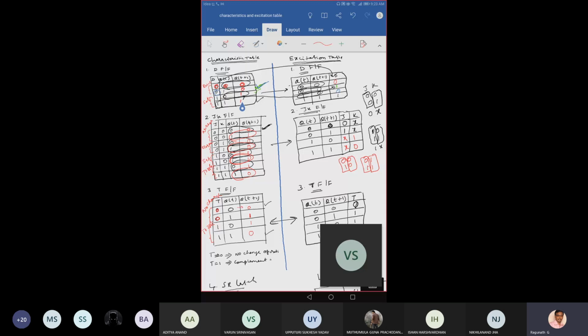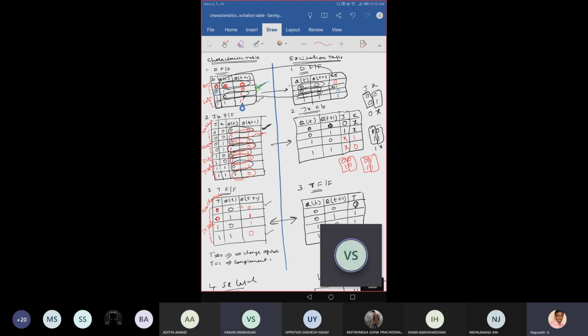Now, any doubts for writing the characteristic table and excitation table of flip-flops? Yes or no? Do you have any doubts? For 1, 1, which all are available in the JK? Okay, I'll shade the color here.